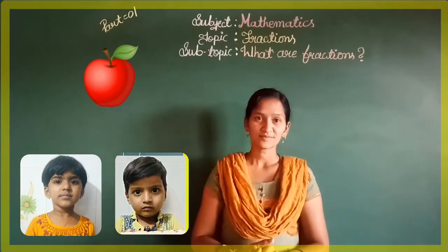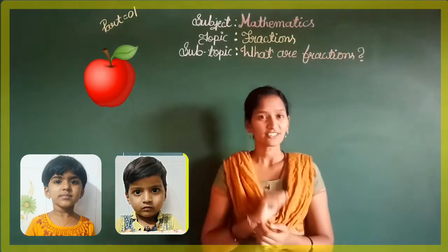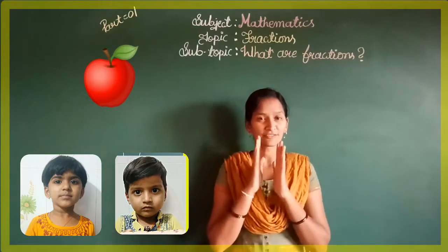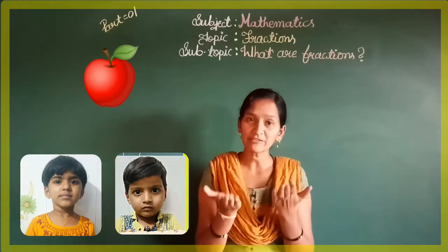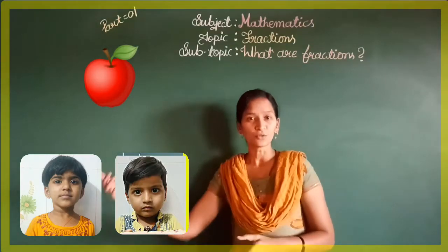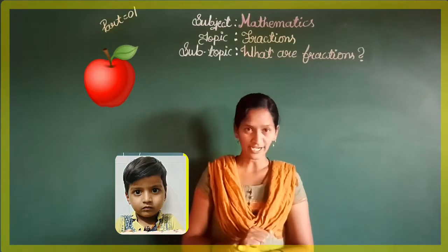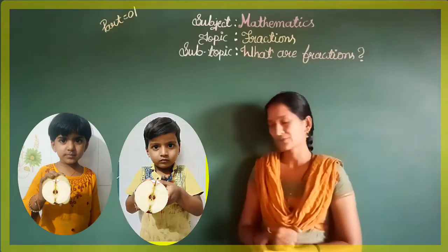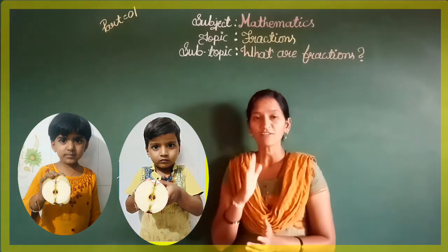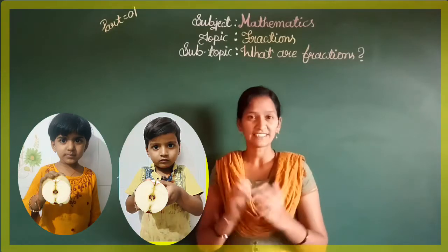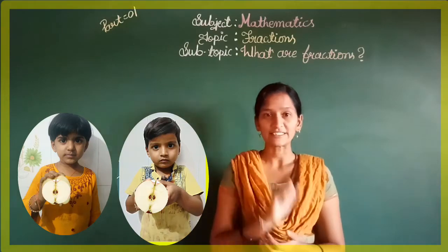How can I share? Yes, I know what you are thinking. With the help of a knife, I am dividing this whole apple into 2 equal parts. Then both the children get half of the fruit, right? So now look here. Here both the children get half of the fruit equally. All of you observe the word equally.